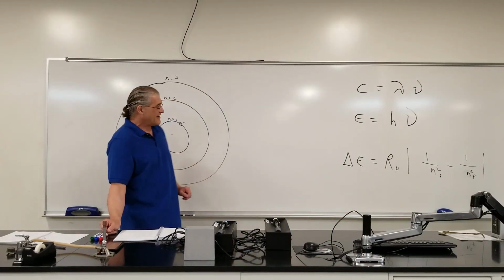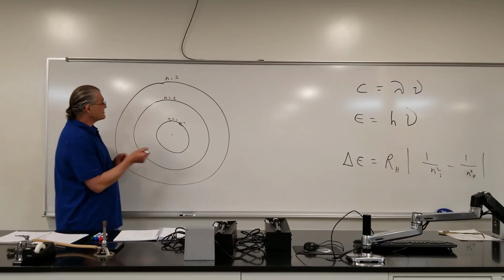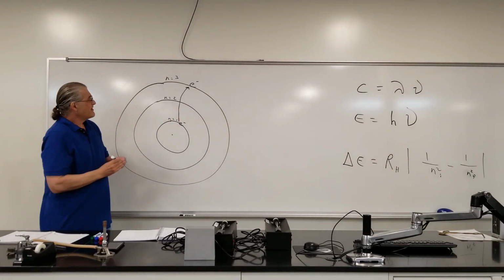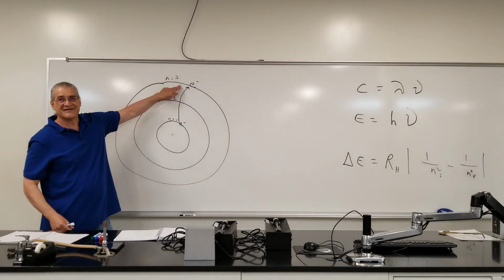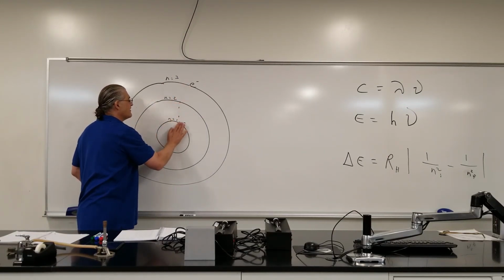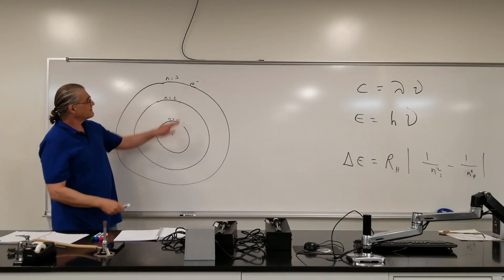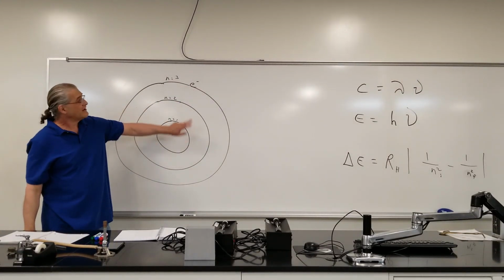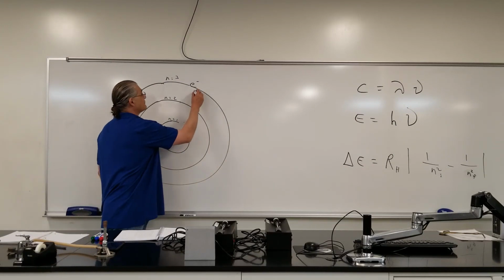You pump energy into that thing, the electron can go from here, it can transition up to a higher level, say the third level. Now he's got more potential energy. Now, eventually, the electron here can fall down to the second level. He can fall back down to the first. Let's say the electron transitions down to the second level.